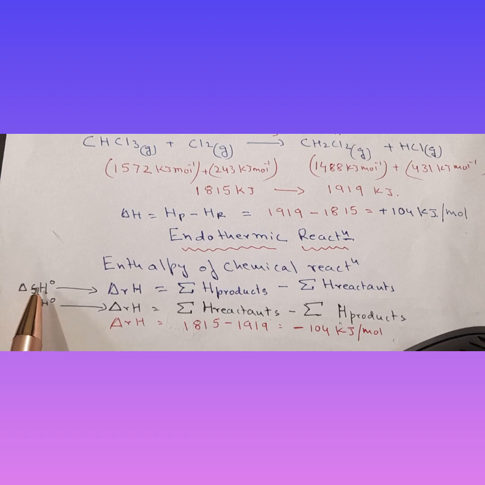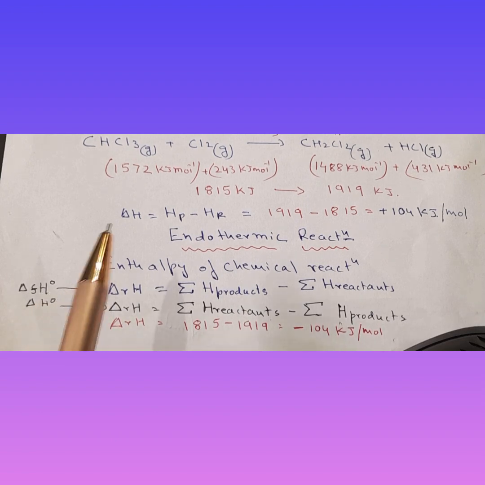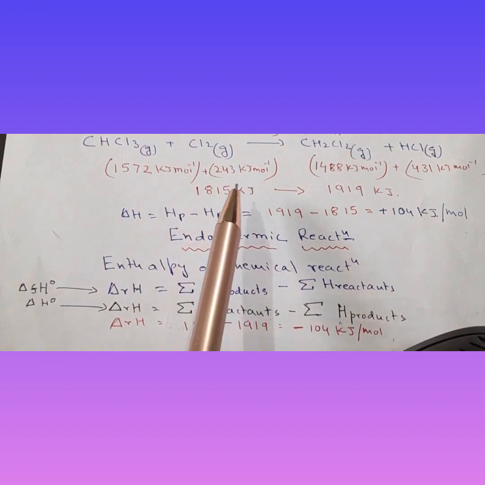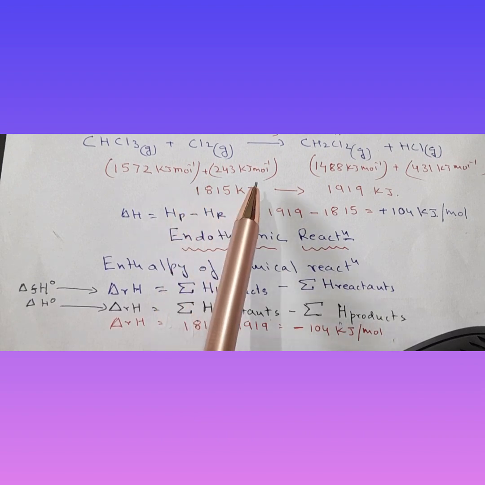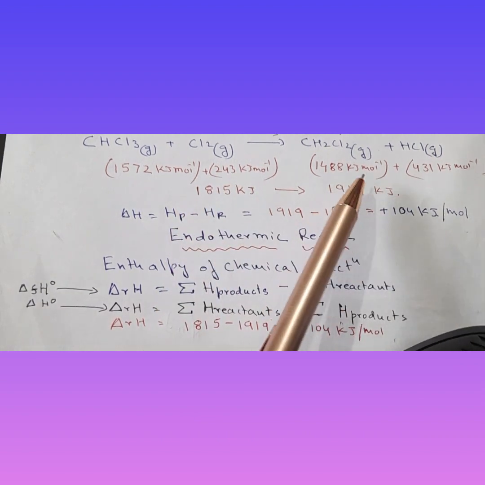Delta F enthalpy stands for the energy required for formation of that compound or that bond, and delta H is the breaking of that bond. Obviously one has to be positive, the other has to be negative. Now let's check how the sign changes with application of these. We have found these values for reactants and for products.